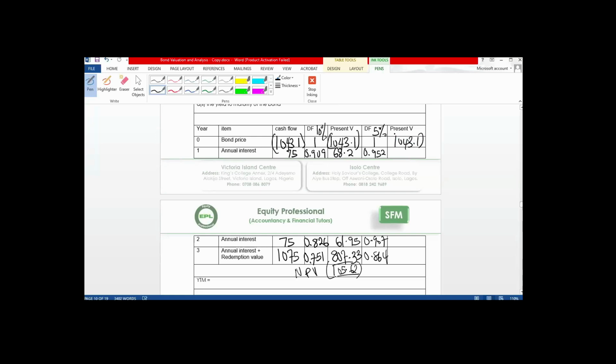1043.1 multiplied by the cash flow. 71.4. 71.4. Next. 68.03.